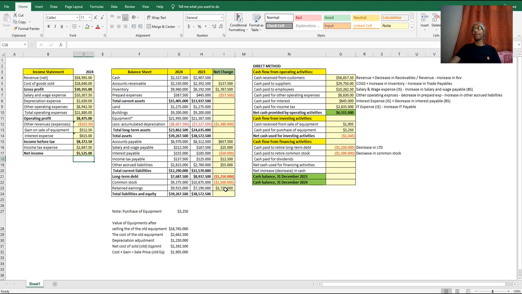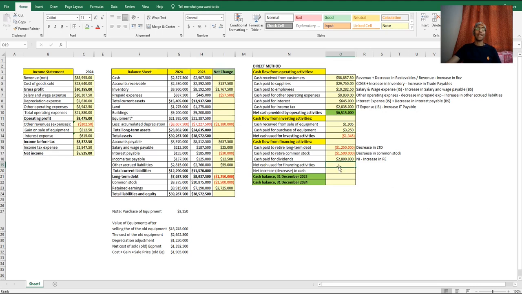So easily we can find out the dividends, friends. It's basically net income minus the increase in retained earnings. So this is 5525 minus 2725, which is equal to 2800.